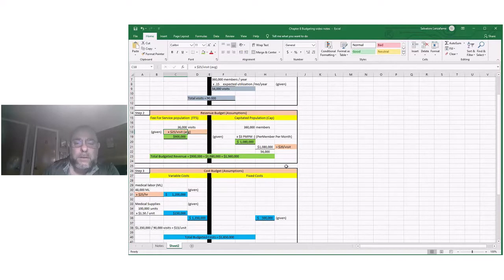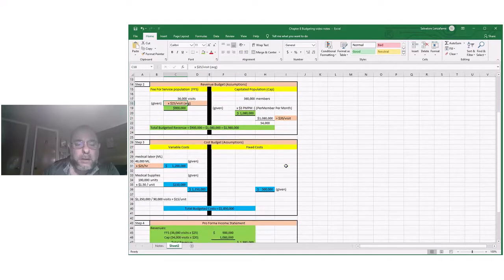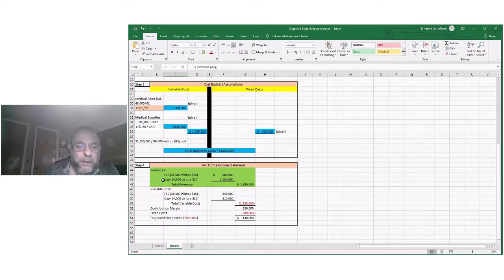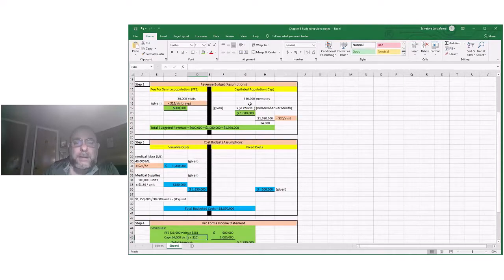If you look down in here, notice I have that information, 36,000 times 25, 54,000 times 20. Could I have gotten this 1,080 without figuring out the 20? Yeah, we already did that here. But once I knew the 54,000, I could also multiply by 20. I actually backed my way into that 20.